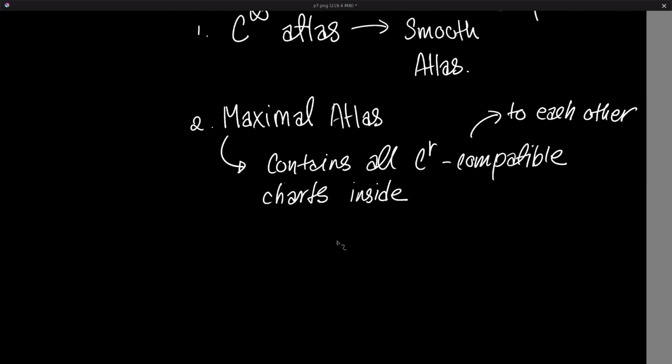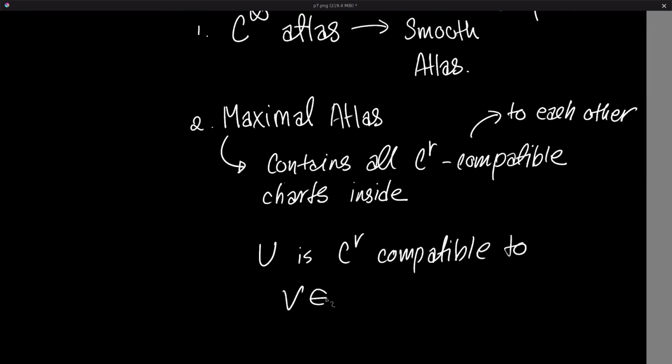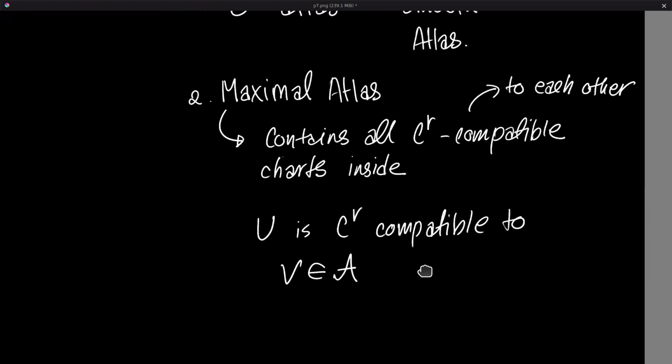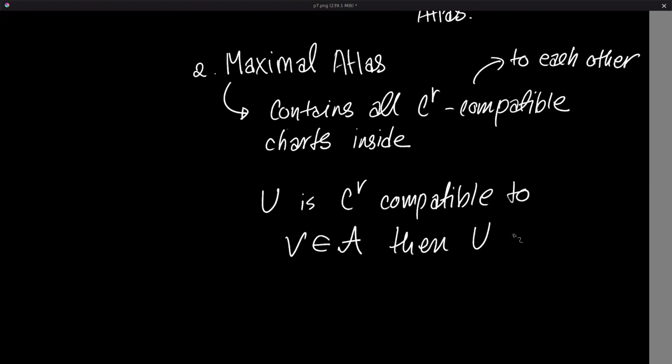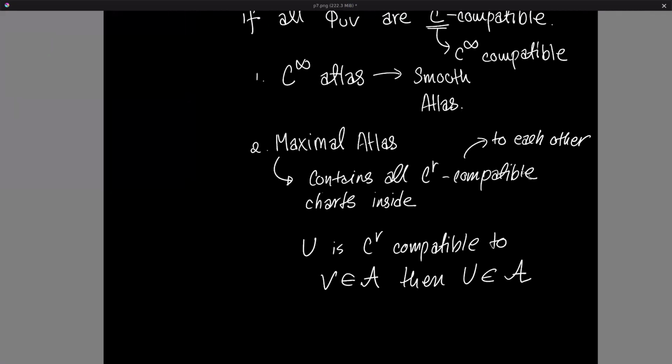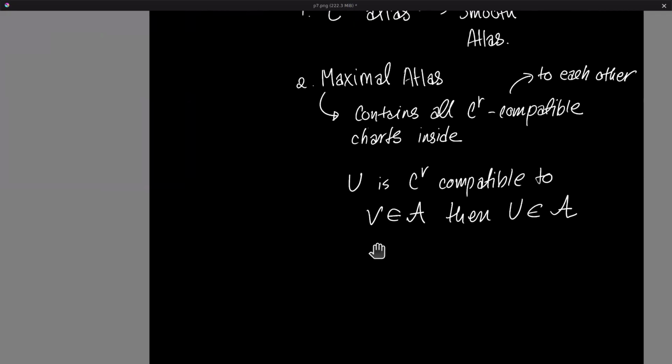So if there's a chart CR compatible to any chart in that atlas, so let's say U is CR compatible to V, an element of the atlas, then U is also an element of the atlas. That's what makes it maximal. So it contains all possible charts that are CR compatible to any charts that exist inside. I keep calling them atlases. You're just going to have to substitute chart when I say atlas.